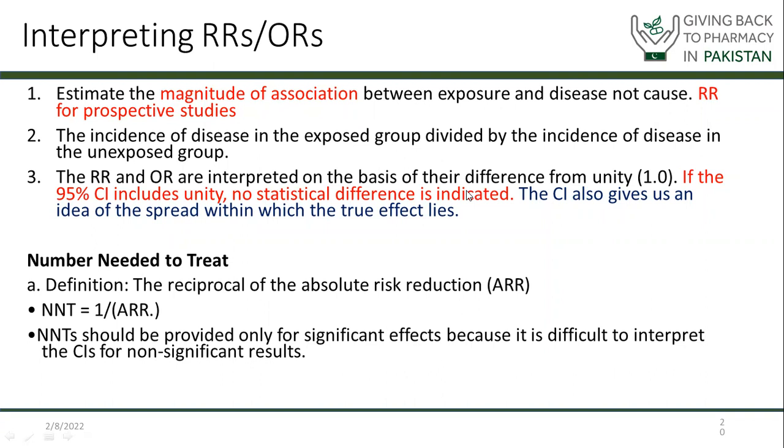Because this is a ratio, if the ratio is 1, it means the risk is the same. For example, if I give you a person with an exposure to smoking and a person without exposure to smoking, and both of them have lung cancer, it means both have the same risk. The number of cases with lung cancer with risk is 50, and the number of cases without risk is 50.